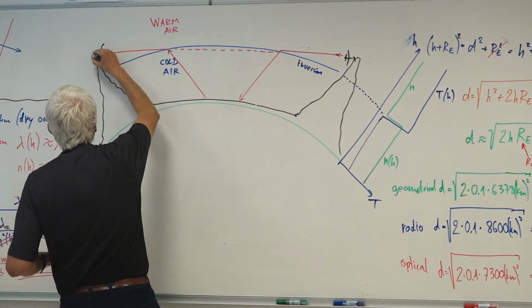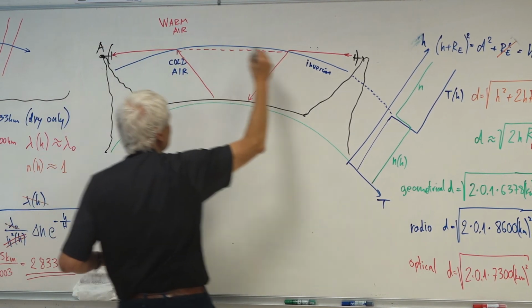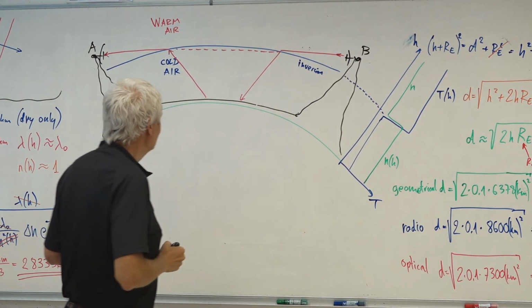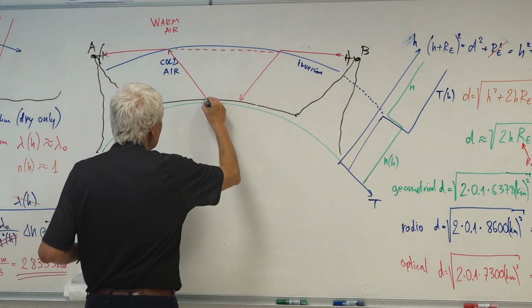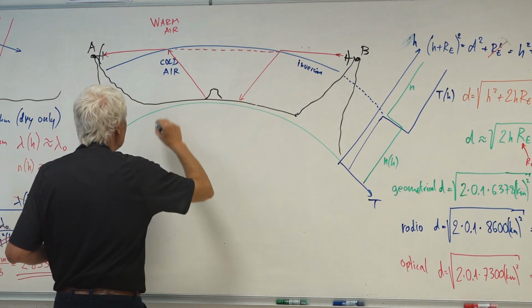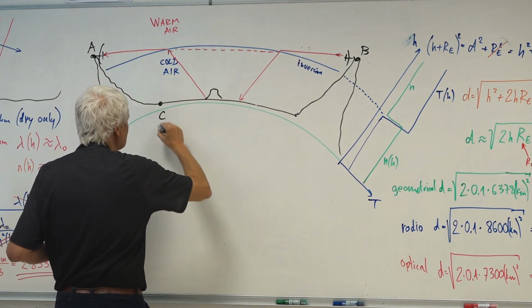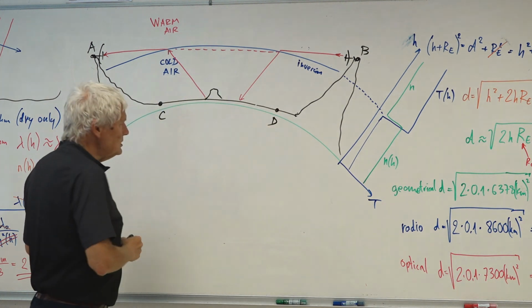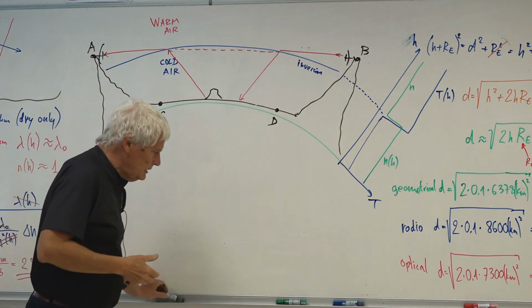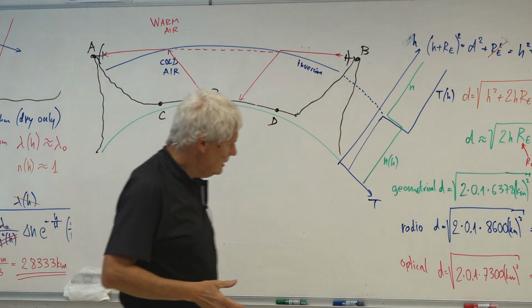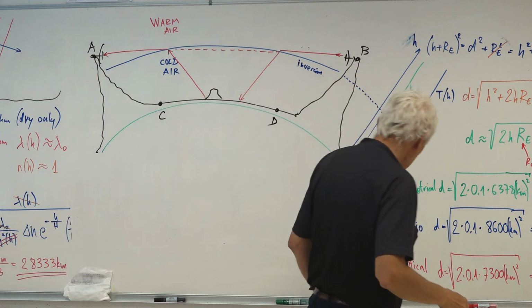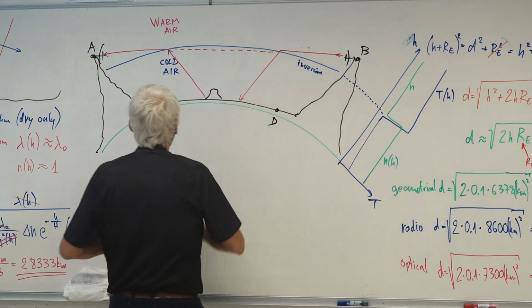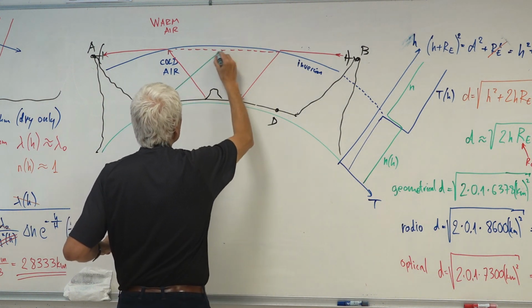There is yet another problem. If these two stations were, say, A and B, this link from A to B drops down. But I may have some smaller obstacles here, and I may have stations C and D here. These two stations, C and D, usually don't hear each other. There is no link between these two stations. But in the case of the inversion, I may get total reflection here.